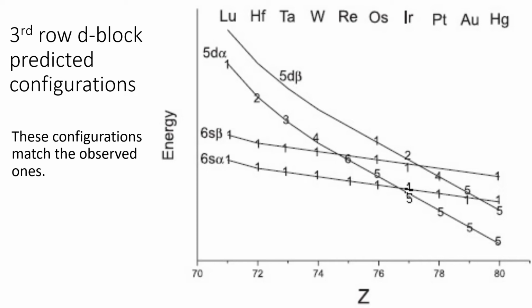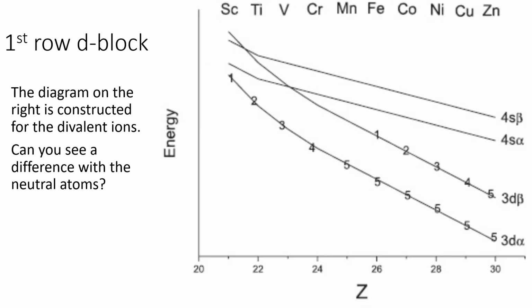And in fact, amazingly, the success of the Rich and Suter diagrams does not even end there. There's another approach we can have, and this is looking at the divalent ions of the first row of the d block.